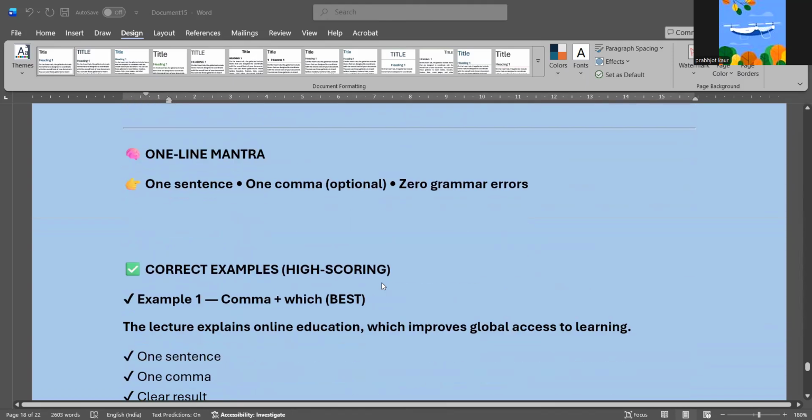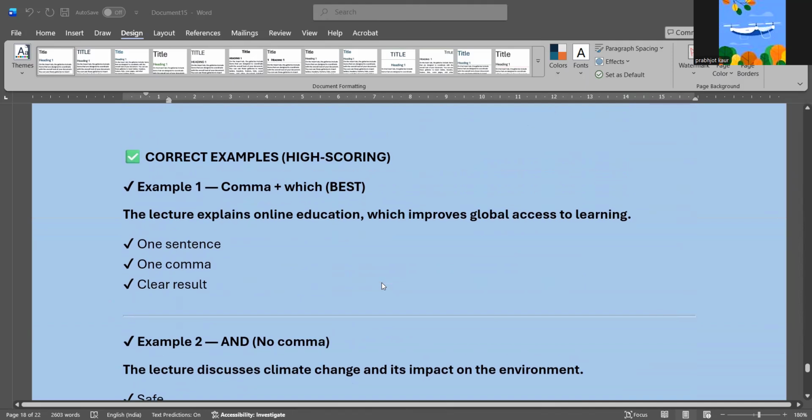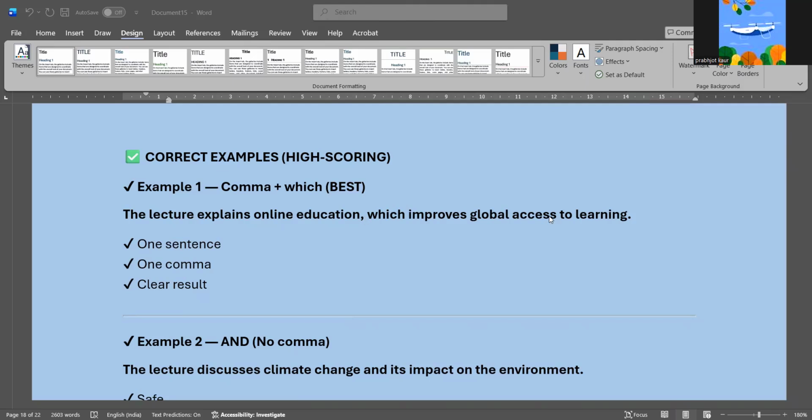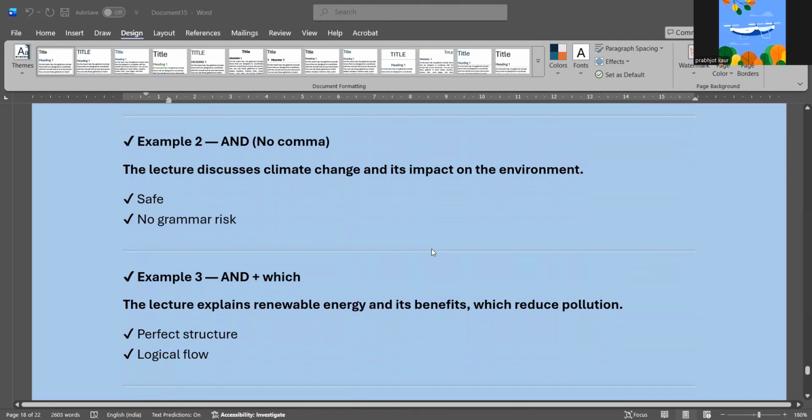One sentence, one comma, and a clear result. So here is one comma, clear result. There is no comma if you write two things.